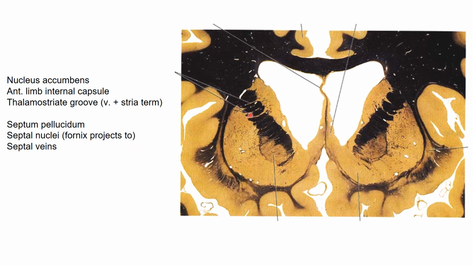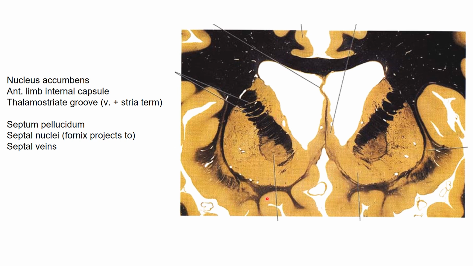And then also, since we are anterior, this is our anterior limb of our internal capsule. And then since this was our thalamostriate vein, here's our caudate. Over top of that vein, again, is the stria terminalis. And then this is going to be our thalamostriate groove location.